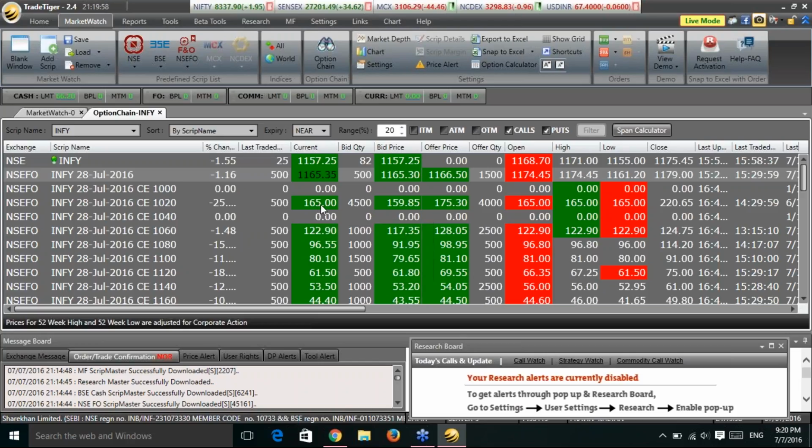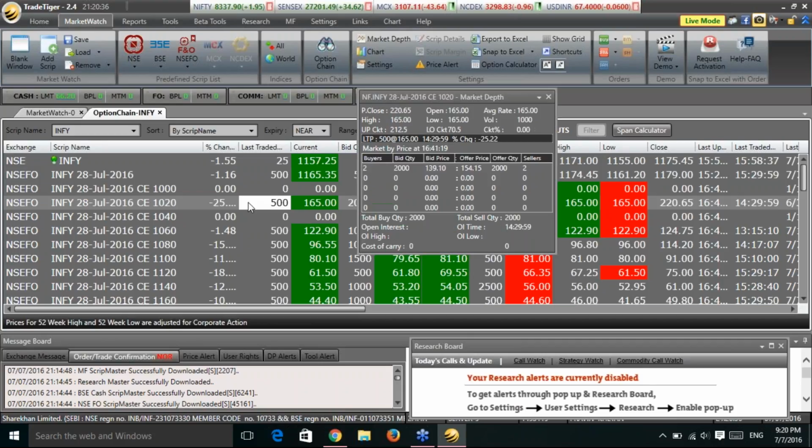In that situation, your break even will become 1185, and a lot of premium you have to pay. This is for one option contract, and the lot size is 500, so you have to pay 165 multiplied by 500. This much you have to pay to buy one lot of an Infosys option contract with a strike price of 1020. So this is too much in the money.